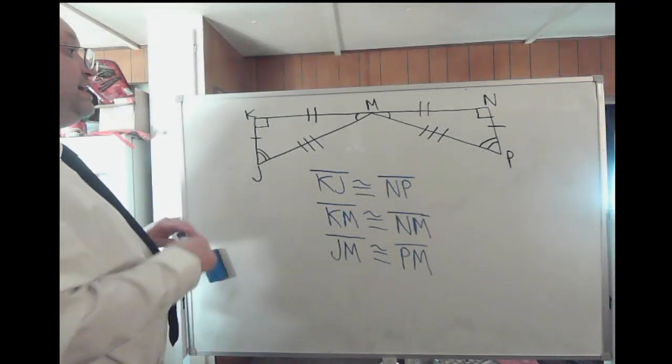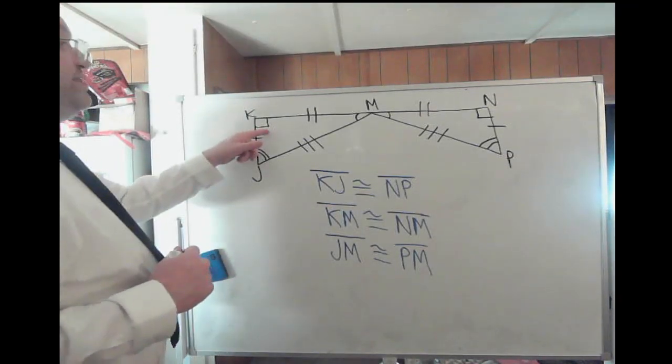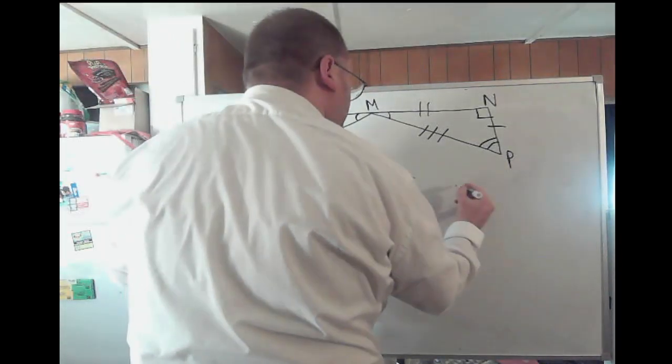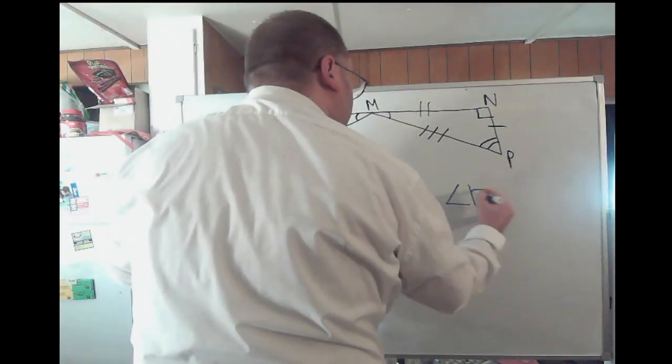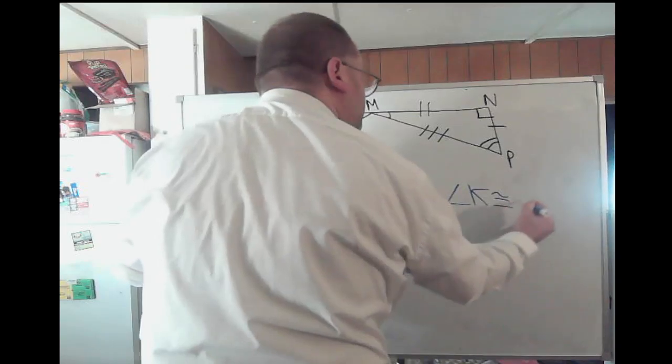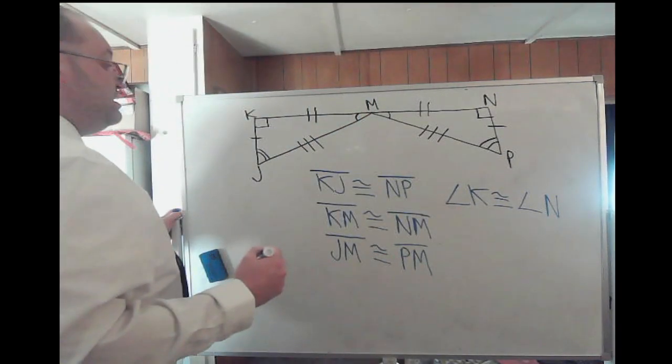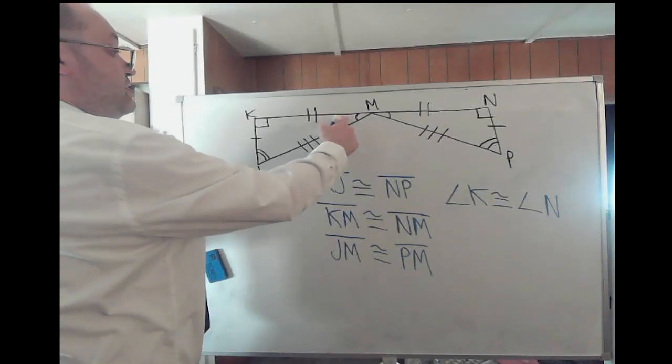Now let's look for angles. Well, I think it's obvious K and N are both congruent because they're both right angles. So angle K is definitely congruent to angle N because they're both right angles. Now let's start with the 1 tick mark.